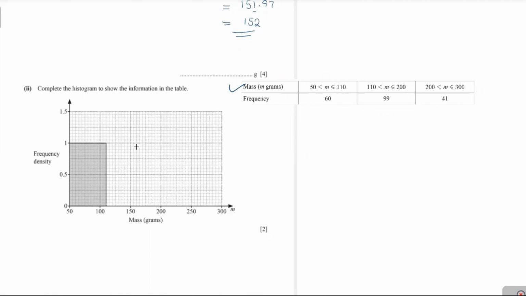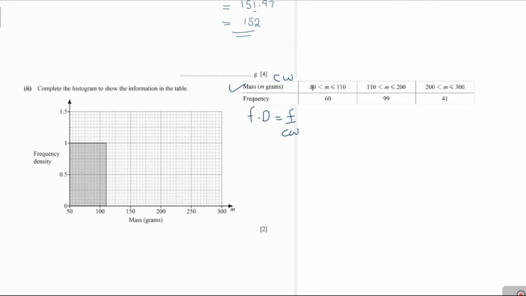The histogram is the graph between frequency density and the class interval. Now, firstly, we have to find frequency density. Frequency density is equal to frequency divided by class width. And the class width, you see here, it is the difference between the upper and lower limits in the interval.